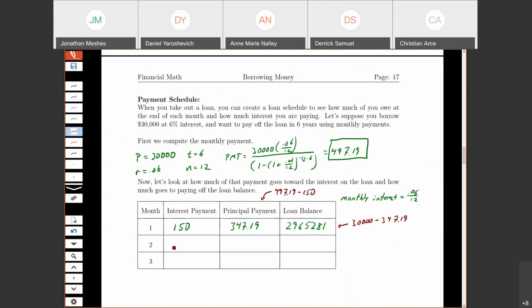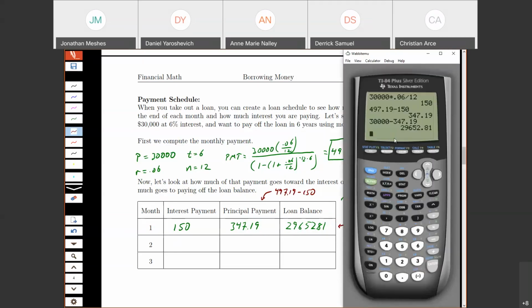Now when we go to month 2, I start with my last month's loan balance and apply the interest to that. So we take this $29,652.81 and multiply it by 0.06 divided by 12, our monthly interest rate. Here I'm paying slightly less in interest, $148.26.